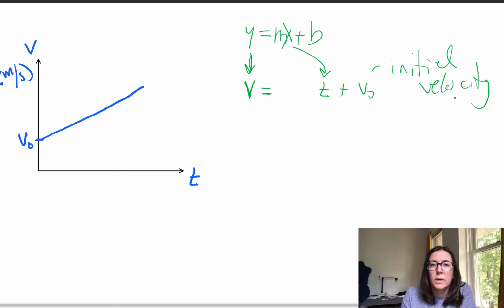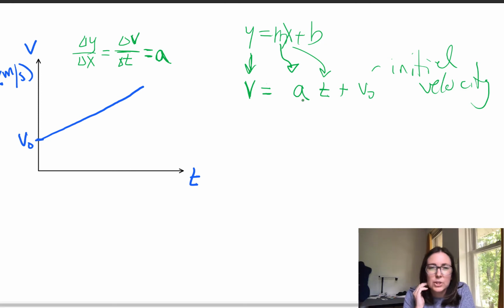So what is the slope of a velocity versus time graph? Remember, it's the change in y over the change in x. What's graphed on our y? The velocity. So the change in velocity over the change in time. This is just the acceleration. So our slope of a velocity versus time graph is the acceleration.